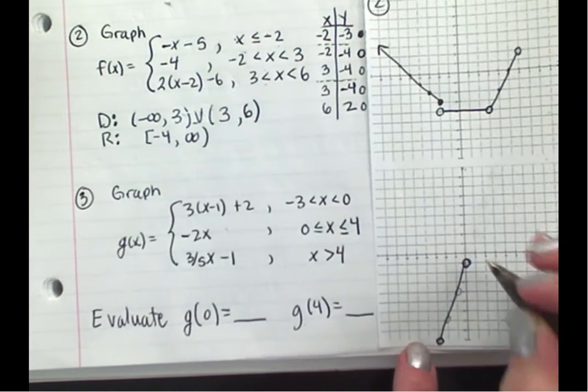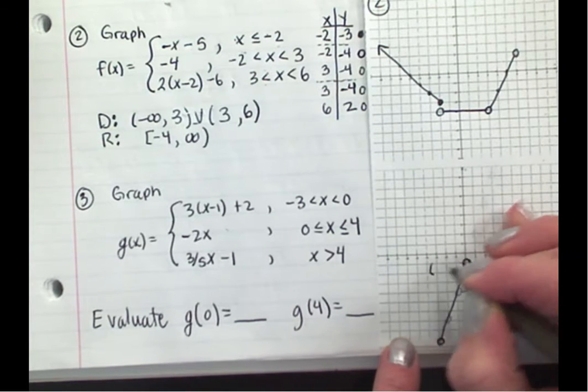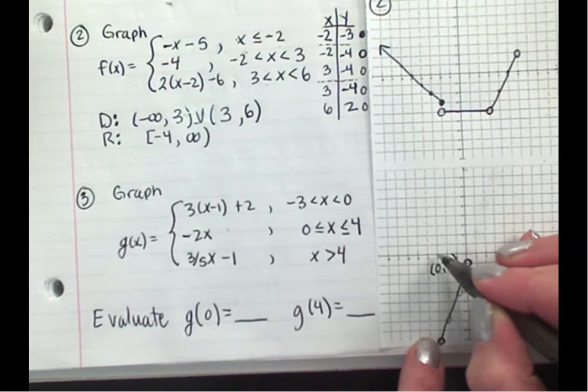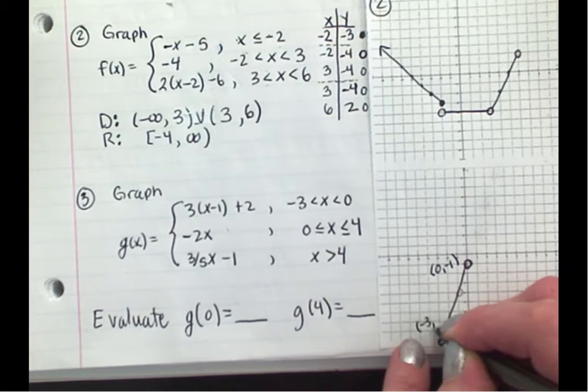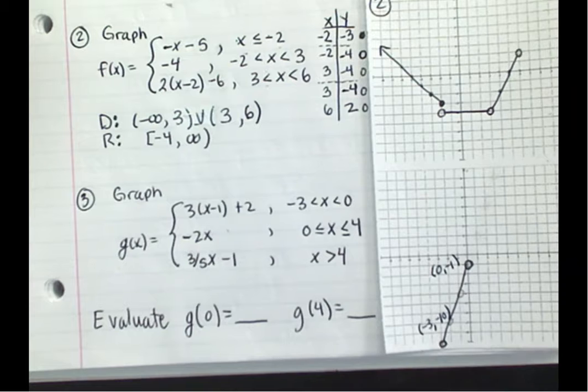I still need to figure out, well, this point, pretty easy. It's at 0, -1. This point, 3, -10. Because I counted my slope over to get the coordinates. You don't have to plug in, guys, but it is going to work if you do it. Okay?